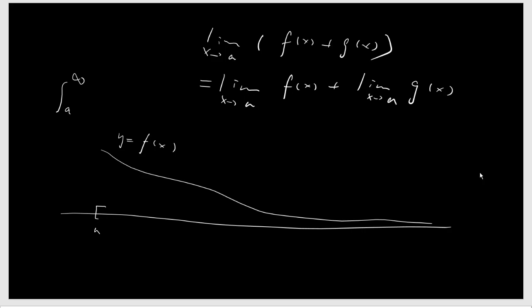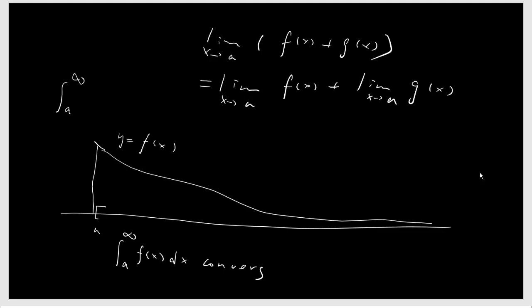The integral is convergent. It means the area under the graph of the function from A to infinity is a finite number. I mean, the integral from A to infinity of the function f of x is convergent. The area under the curve is finite. So geometrically it means that.